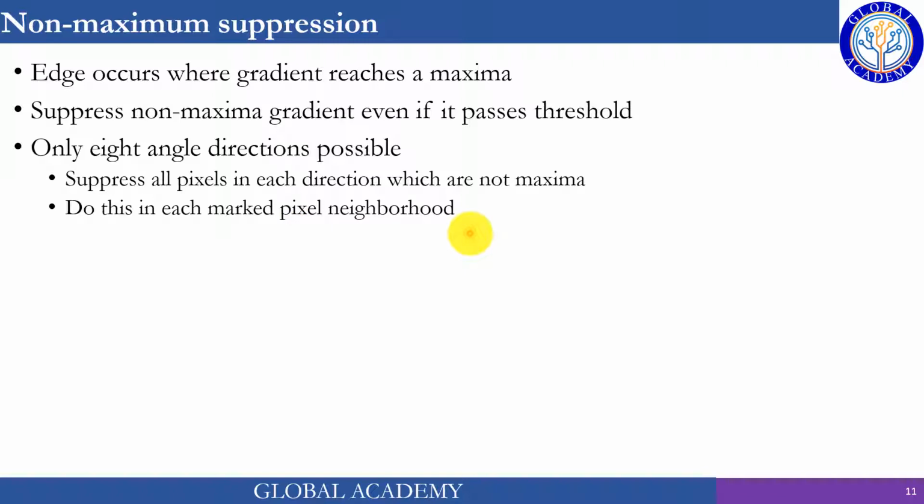So we can select only 8 angles, because in practical image processing it's not possible to have real-valued angles from 0 to 360. We have a pixel and 8 neighboring pixels, so there could be only 8 directions towards each neighboring pixel.